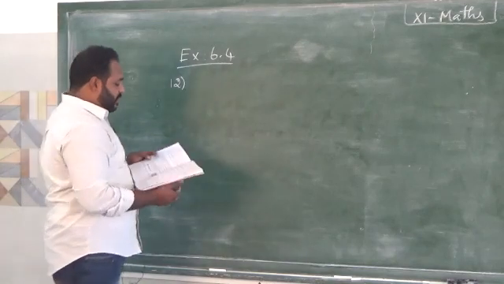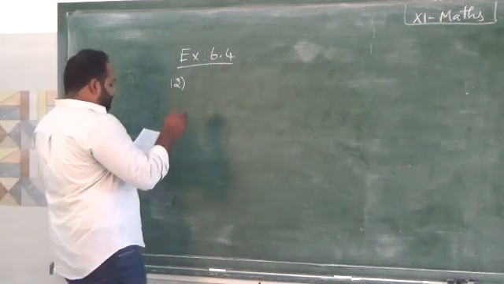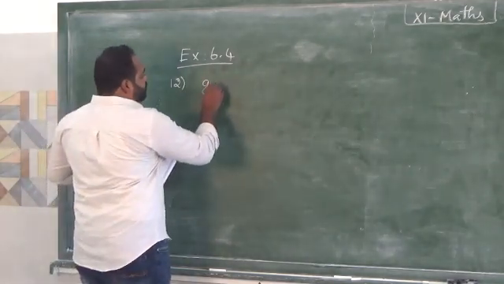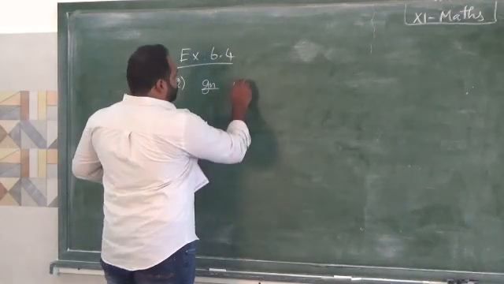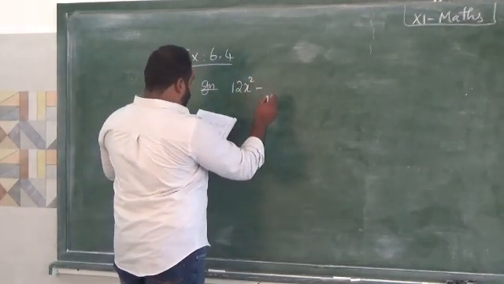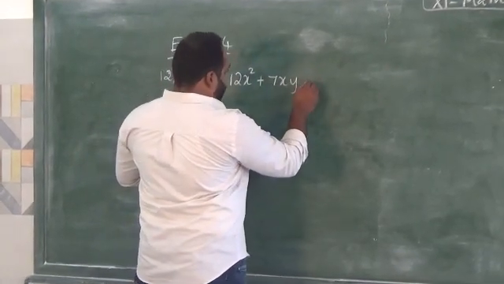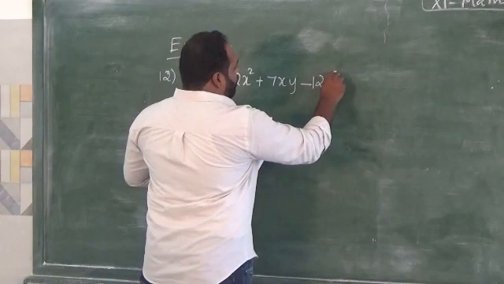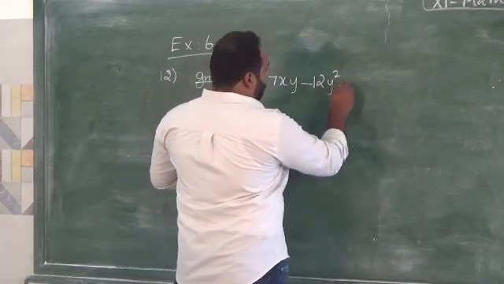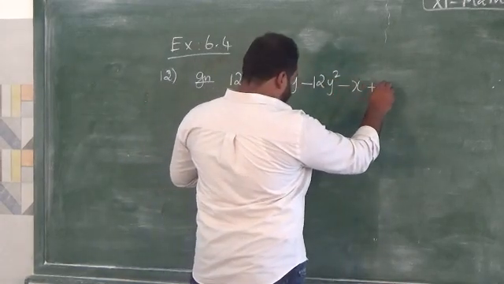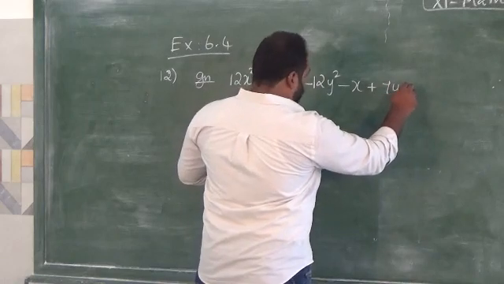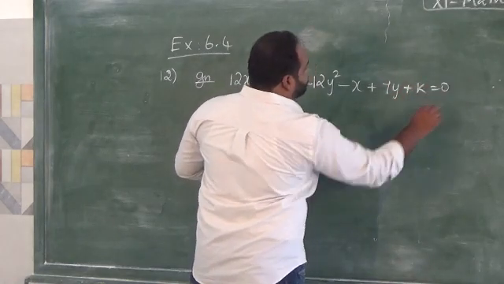So here a pair of straight lines is given: 12x square plus 7xy minus 12y square minus x plus 7y plus k equal to 0.